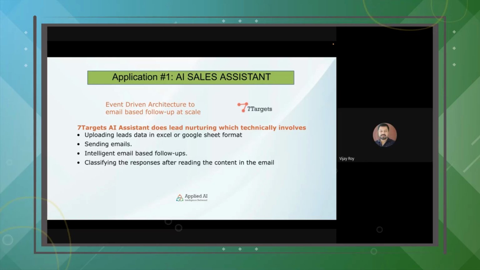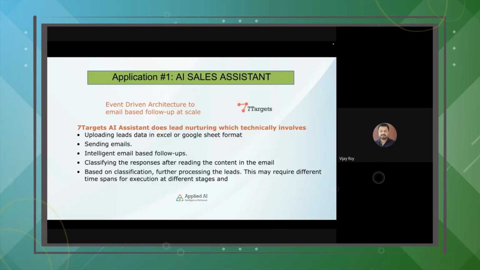Then the responses are classified after reading the content in the email. So this is an NLP solution which uses natural language processing and generation to read and also auto-generate the responses, categorizing them into the right response categories. And then based on a classification event, for the processing of the leads, a lot of these are the events that trigger one or other action in different nano and microservices that we have built around this 7 Target solution, and then a lead enrichment.